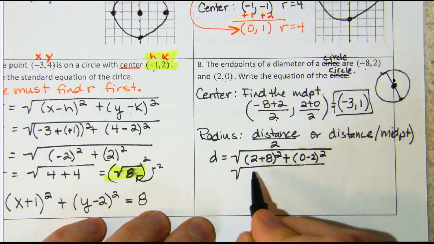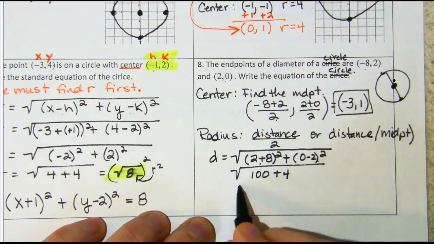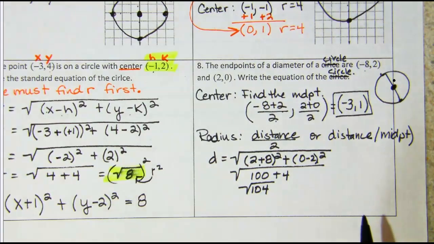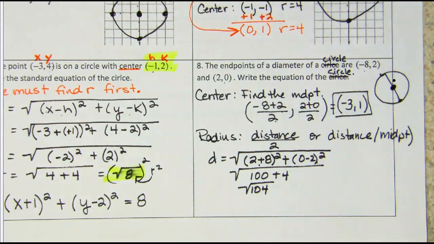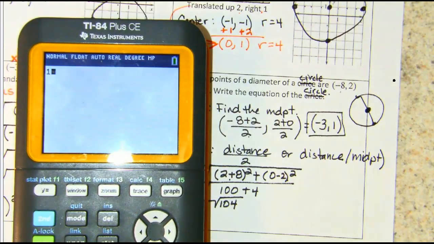So that is going to be 100. This one's going to be 4. So the distance is square root 104. Now we have to take half of that, and in geometry we like to keep things in exact radical. So we're going to break down square root 104. We'll use our calculator to help us. 104 divided by 2, divided by 2, divided by 2.